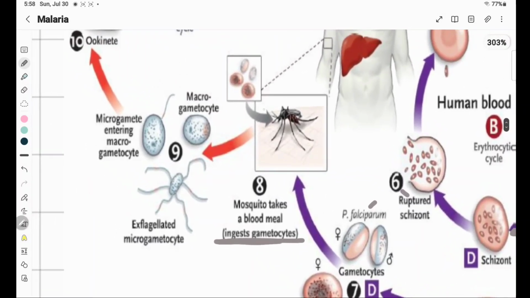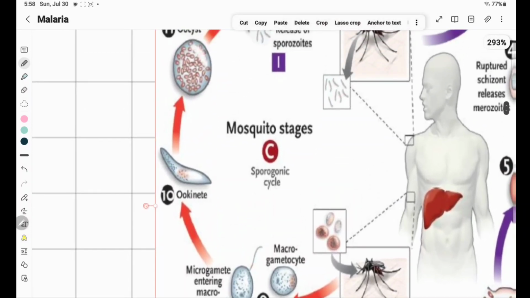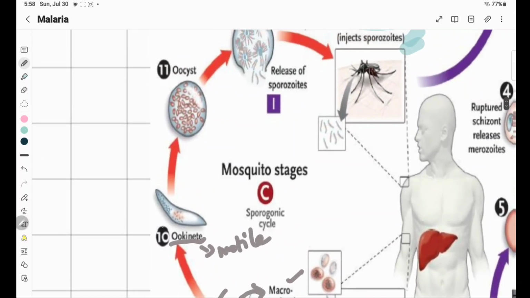Now inside this mosquito, we have a macrogametocyte and a microgametocyte. The microgametocyte is going to enter the macrogamete and it is going to then form an ookinete, which is basically motile. As this is motile, it is now going to enter the intestine, the midgut of the mosquito, and it is going to form an oocyst.